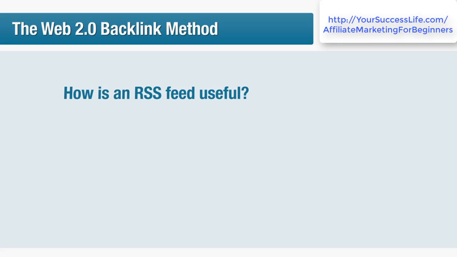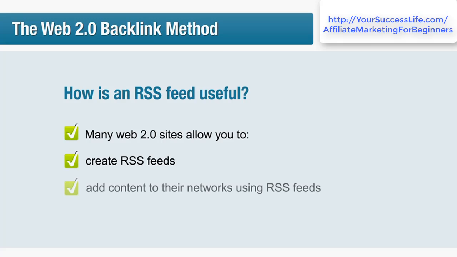So how is an RSS feed useful? Well, many Web 2.0 sites allow you to create RSS feeds and add content to their networks using RSS feeds. They will translate your feed into standard HTML so that it can be published as content on a website. Every time you post a new article on a site or blog with RSS enabled, it will automatically update the RSS feed and consequently any site that's using that feed.